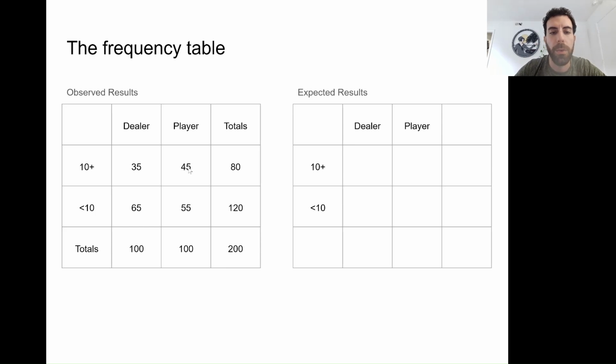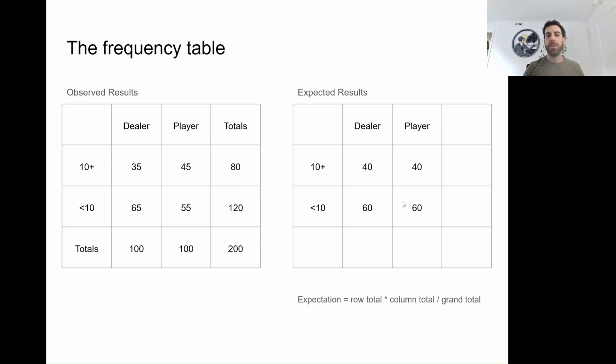And the way you could do that is using these totals. We know that the proportion of 10 plus overall is 80 out of 200, which simplifies to 40%. And that's in fact what you get because it's out of 100, so you get 40 for the 10 plus, and then 120 out of 200 is 60%, and you get 60 for each.